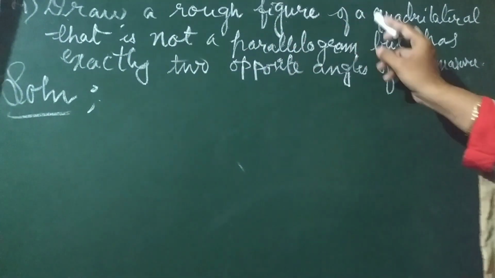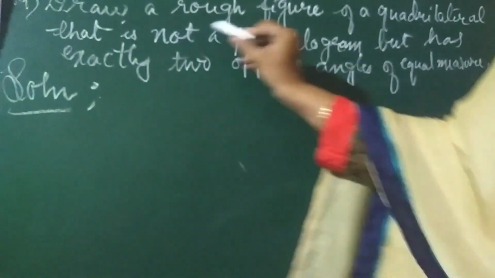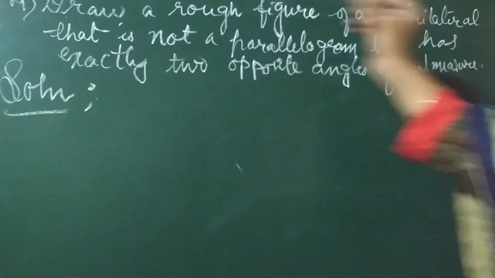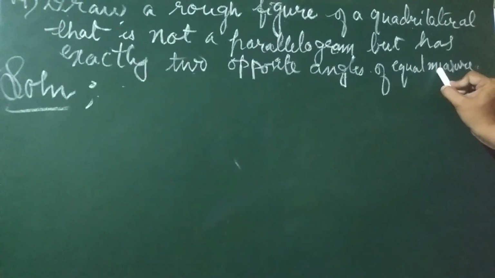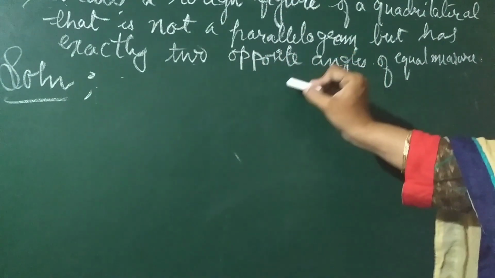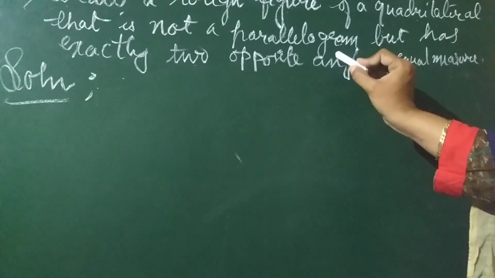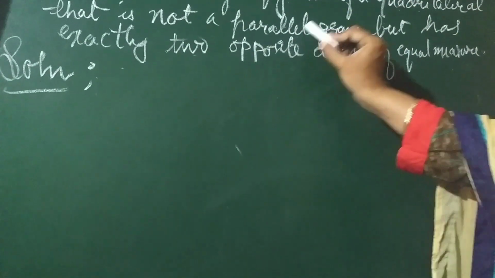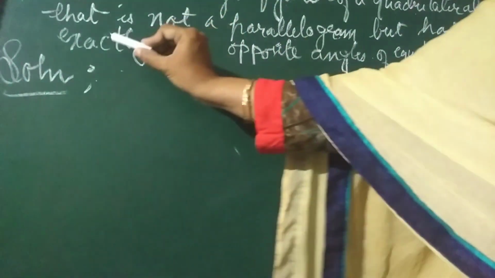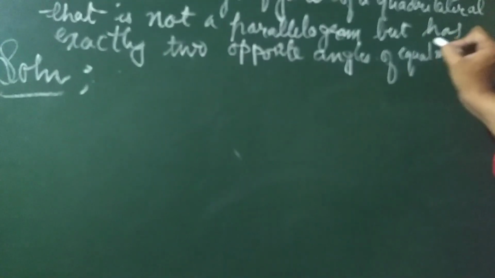Draw a rough figure of a quadrilateral that is not a parallelogram but has exactly two opposite angles of equal measure. We need to draw a rough figure of a quadrilateral which is not a parallelogram but has exactly two opposite angles of equal measure.